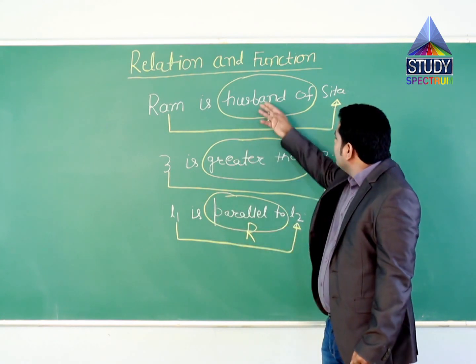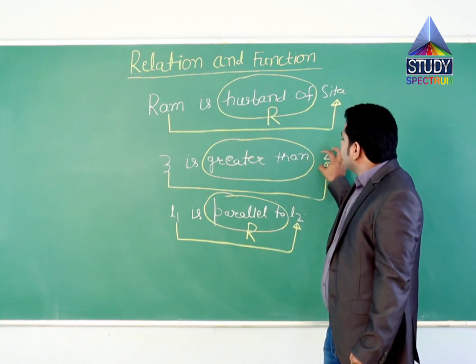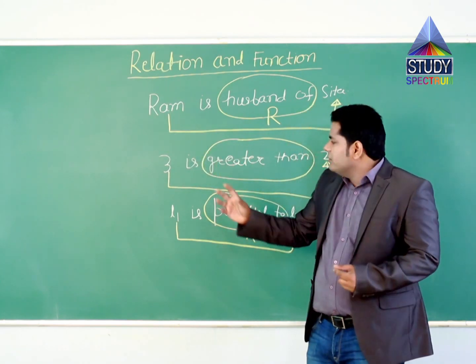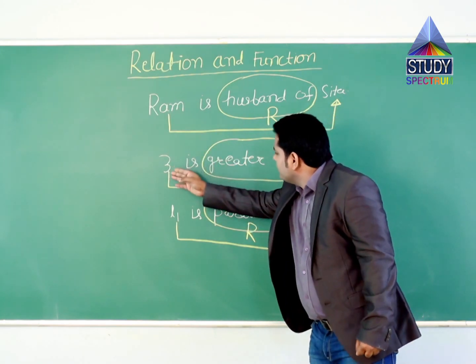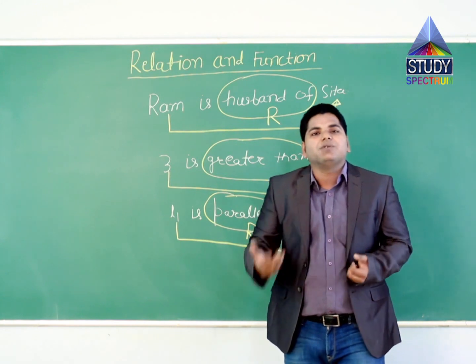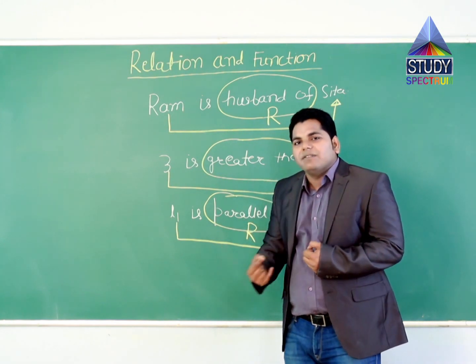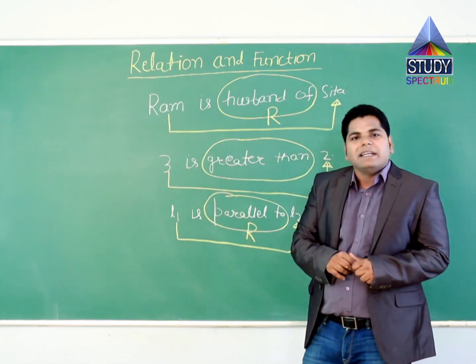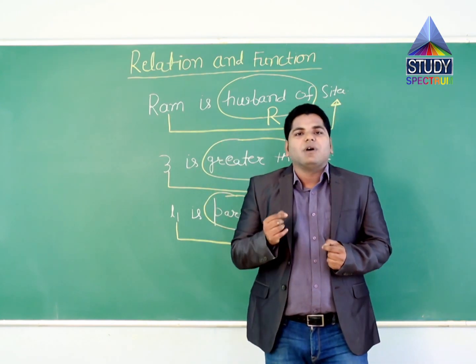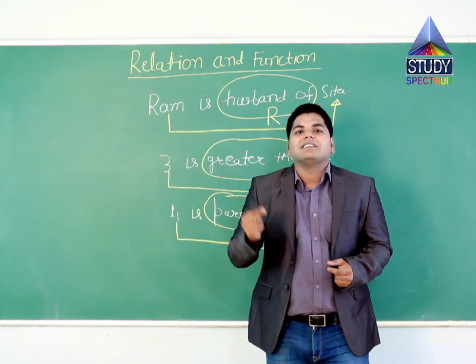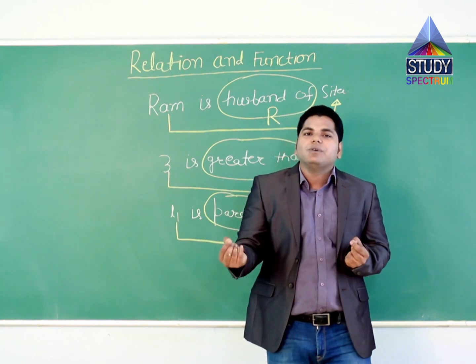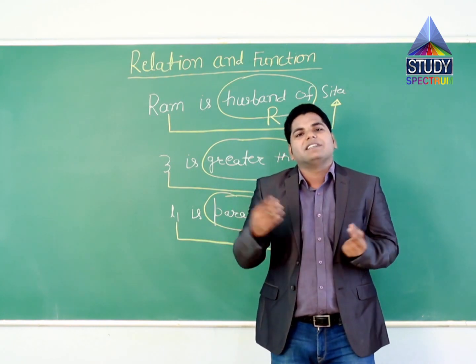But in the other examples, if you interchange the things, then the things are related by a different, new relation. So we can conclude one more thing from these examples, that a relation involves two things but in a certain order. If you change the order, you will get a different relation.